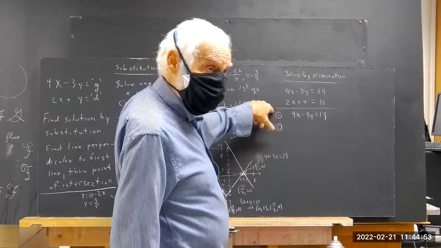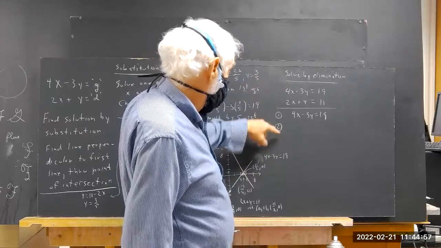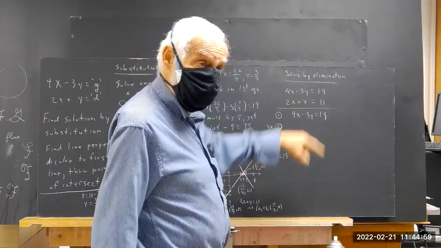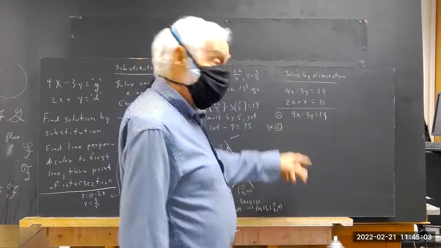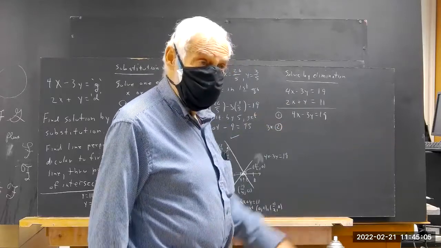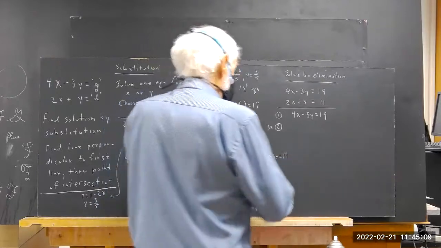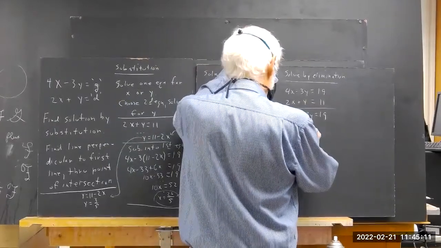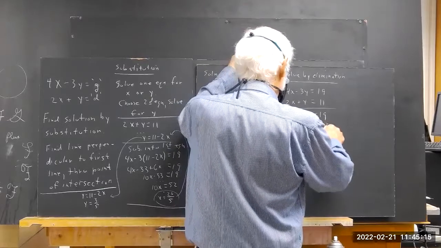The 1 with a circle around it I use to designate equation 1. A 2 with a circle around it is equation 2. When I say 3 times equation 2, I mean multiply both sides, which means I multiply every term by 3. And I get 6x plus 3y equals 33.